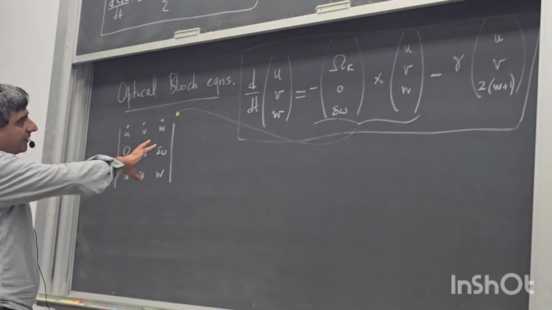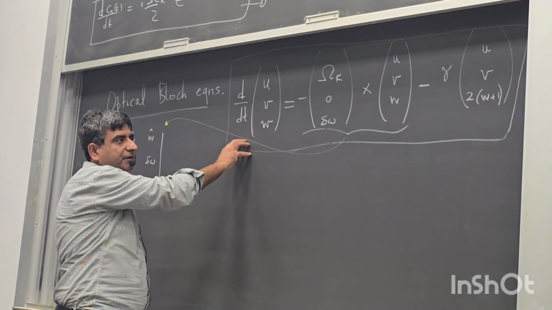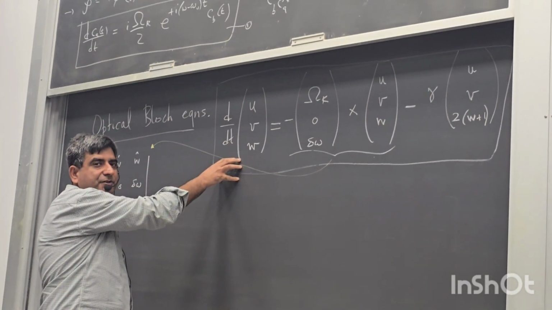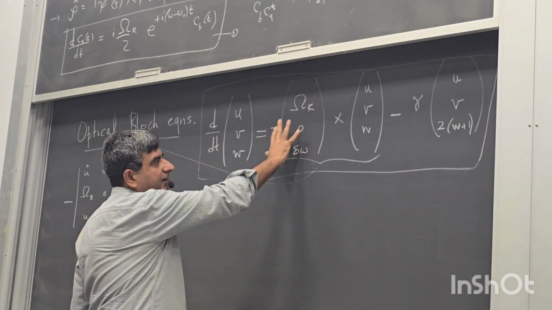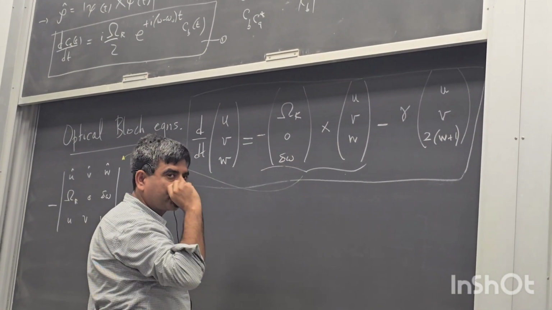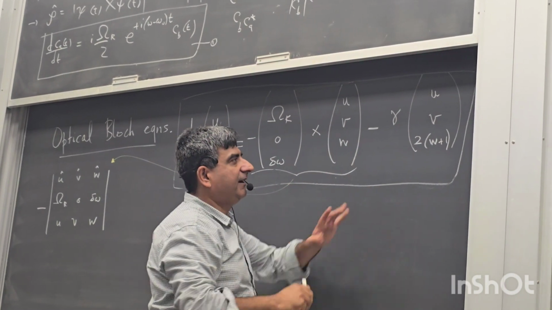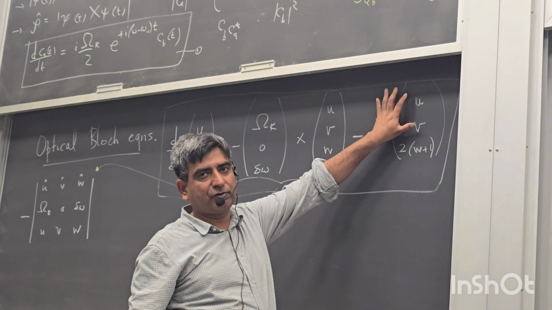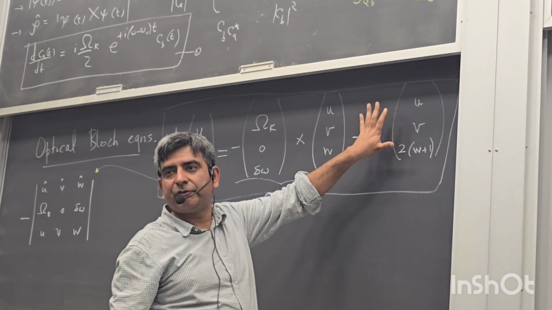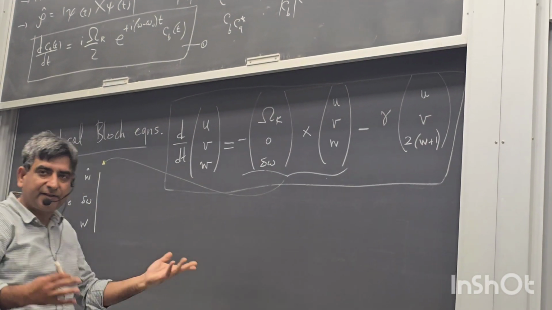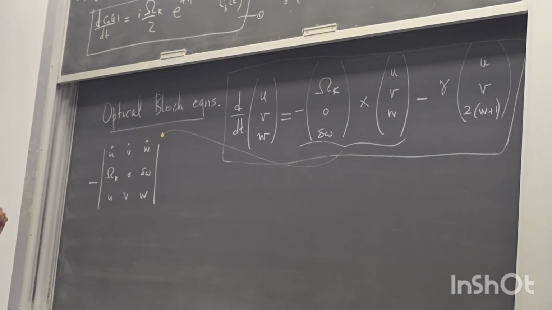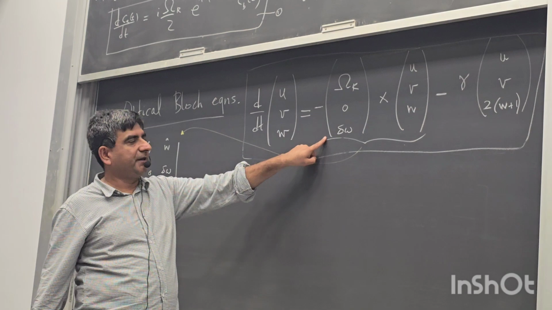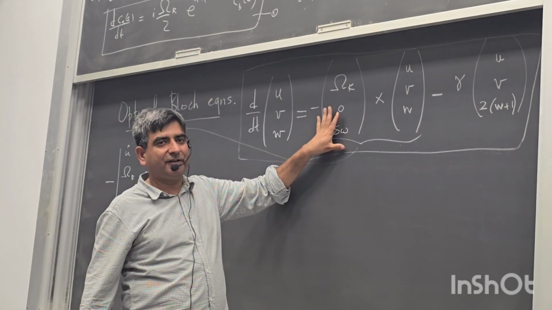Now the Bloch vector is changing with time, and the dynamical equation for the change of this Bloch vector is given by this cross product with some damping term. If the damping is 0, this term, all of it goes to 0. So you get undamped oscillations. Let's see what kind of solutions we get. By the way, this term here, does this look familiar?